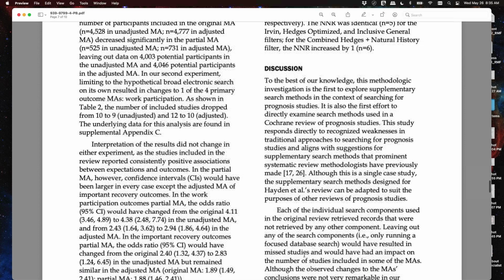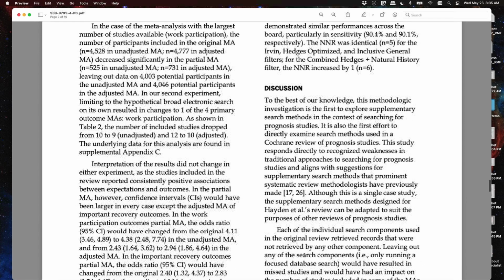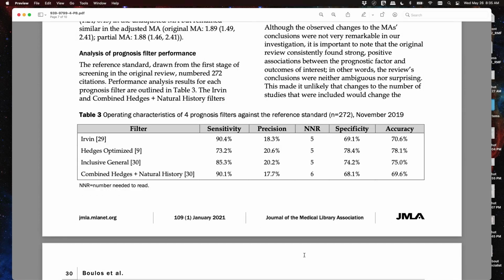And you can see that in table 3. There they compare the performance of the filters. And I would actually say that at first sight, the first filter from Irvine and the fourth filter, the combined hedges and natural history filter, appear to perform very well.